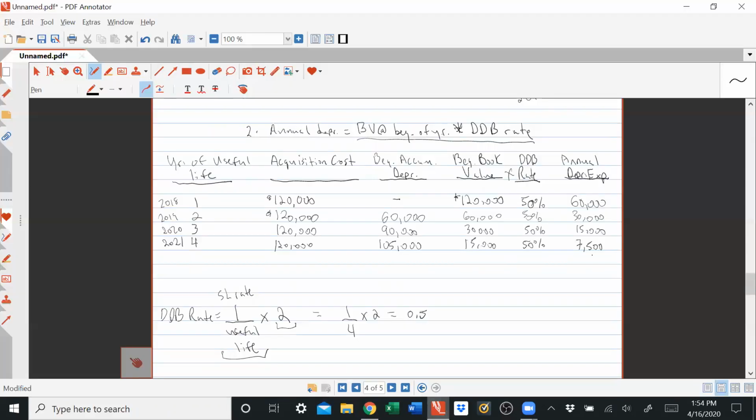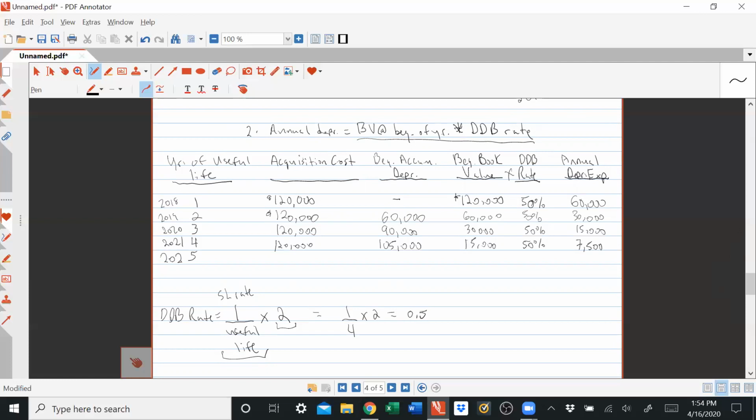And since we haven't reached the asset's salvage value yet, we keep depreciating, even though we estimate it to have a 4-year useful life. If at the end of 4 years we haven't depreciated the asset down to the salvage value yet, we keep depreciating it until we depreciate it down to salvage value.